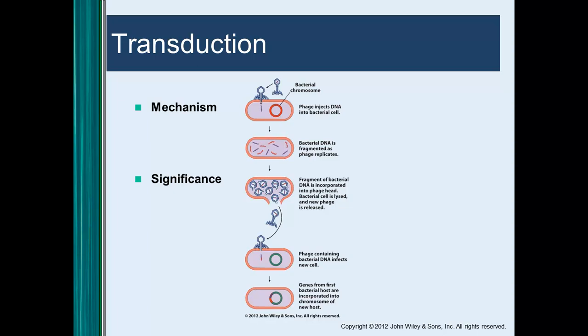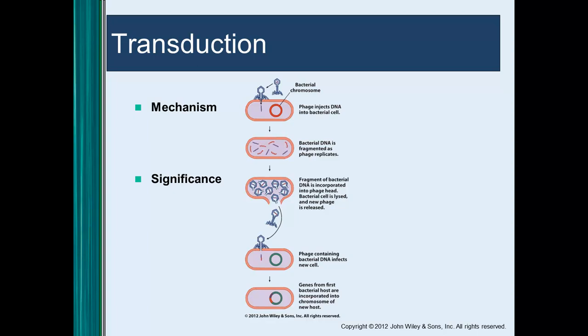This is in contrast with generalized transduction, in which a bacterial cell containing phage DNA enters into the lytic cycle. The phage enzymes break open the host cell DNA into many segments, and the phage is packaged randomly with different parts of this DNA. This figure illustrates generalized transduction.